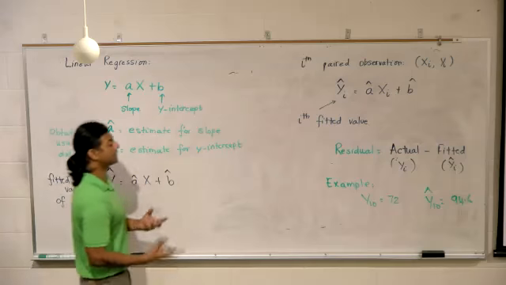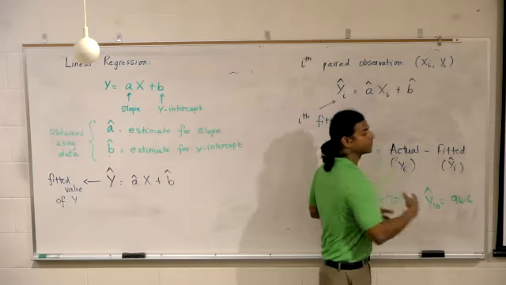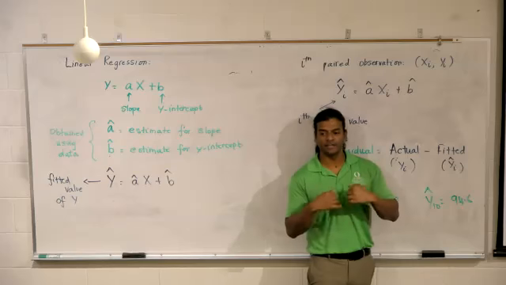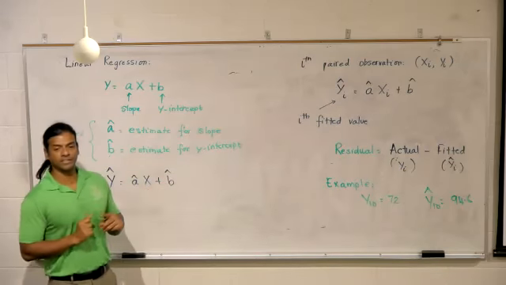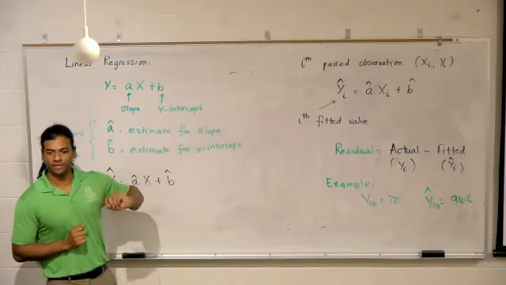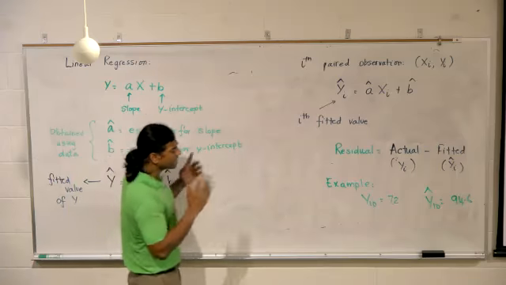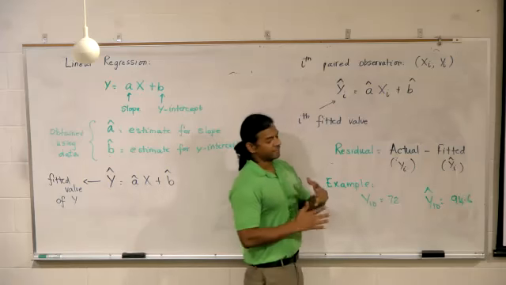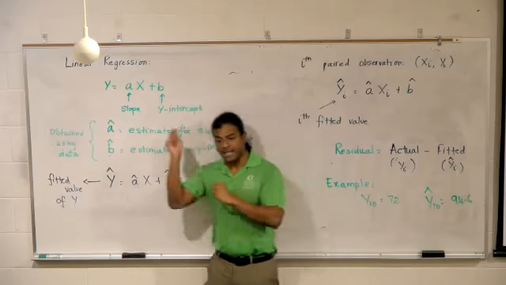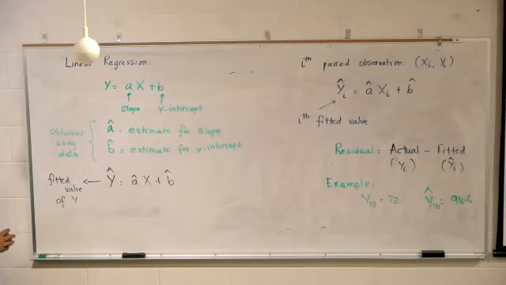So my question to you is, if the residual is large, what does it say about our line of best fit? It's not doing a good job in predicting y10. Does that make sense? So generally speaking, a line of best fit is not going to predict every single observation with very small values of residual.